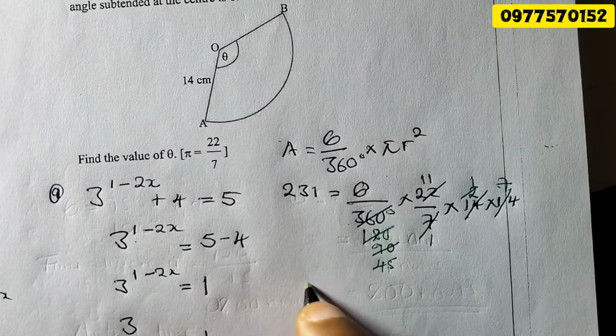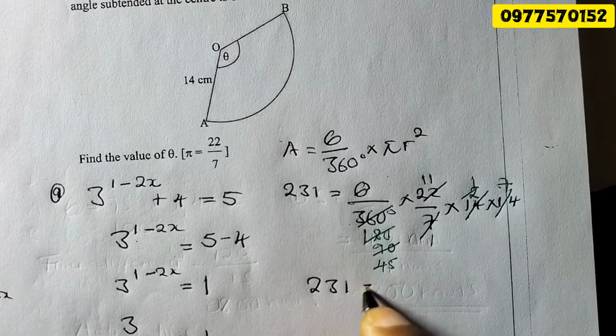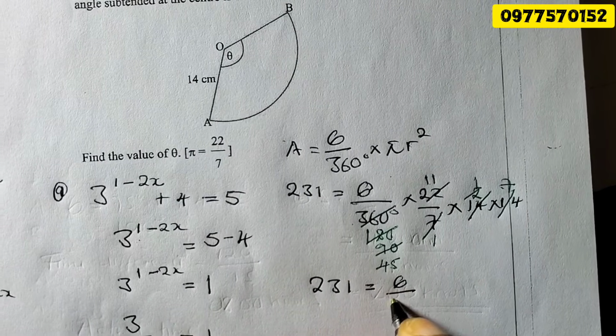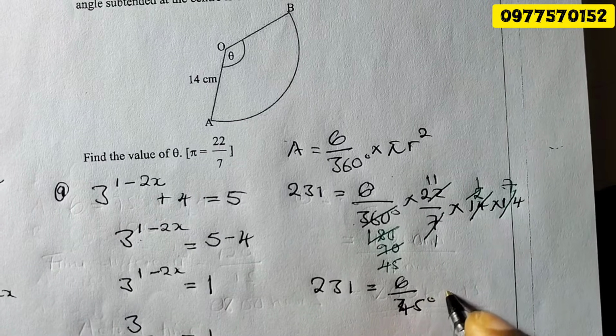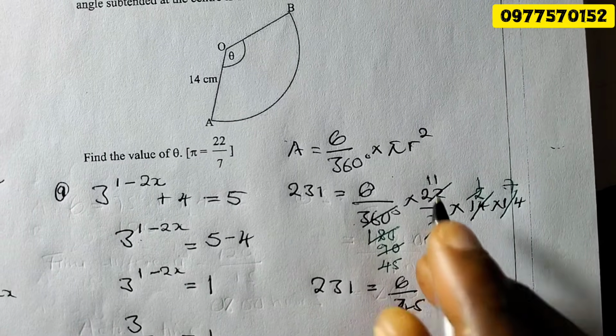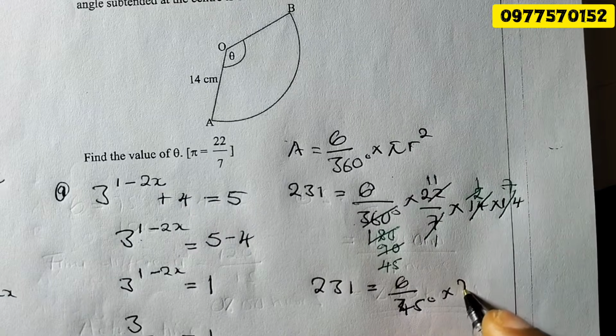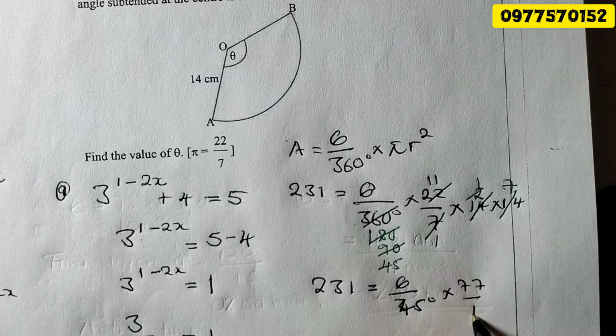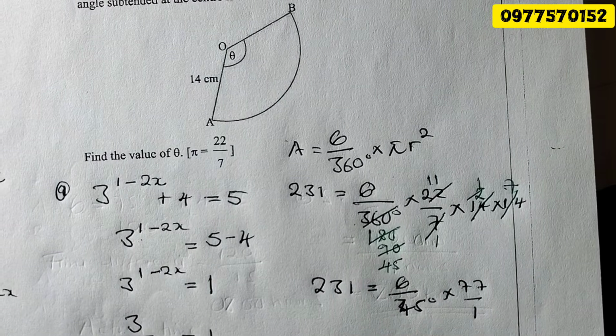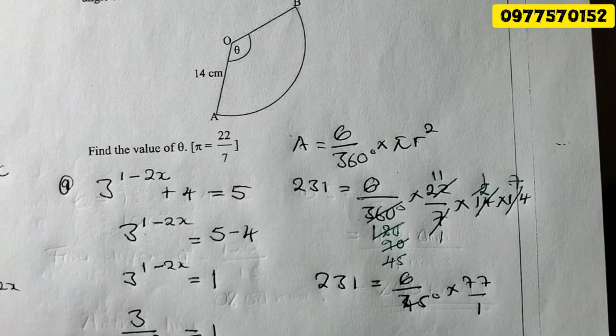So we have 231 is equals to theta over 45 degrees multiplied by 11 times 7, which is 77. Let's just write over 1 so that you see what I'm doing.